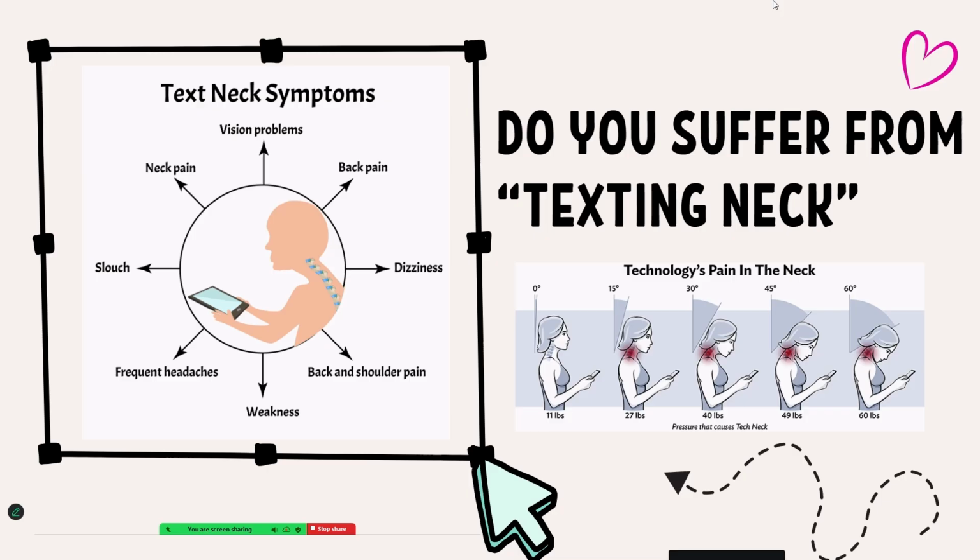At 30 degrees, it's 40 pounds. At 45 degrees, you are feeling 49 pounds of pressure. If you are right close to your phone and your neck is angled at 60 degrees, that is 60 pounds of pressure on your neck.